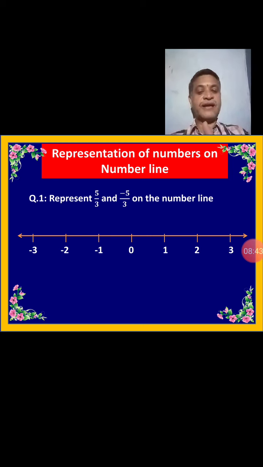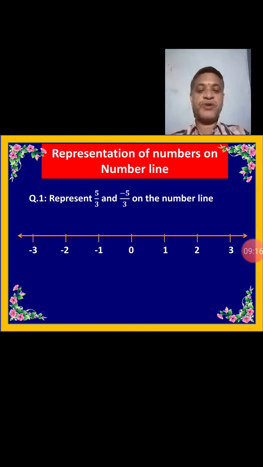Now we have to represent 5 by 3. So what is the denominator here? 3. So you have to divide each part into 3 equal parts. That means the distance between 0 and 1 should be divided into 3 equal parts. Similarly, 1 and 2, you divide into 3 equal parts, and 2 and 3 also. Similarly, 0 and -1, -1 and -2, -2 and -3.